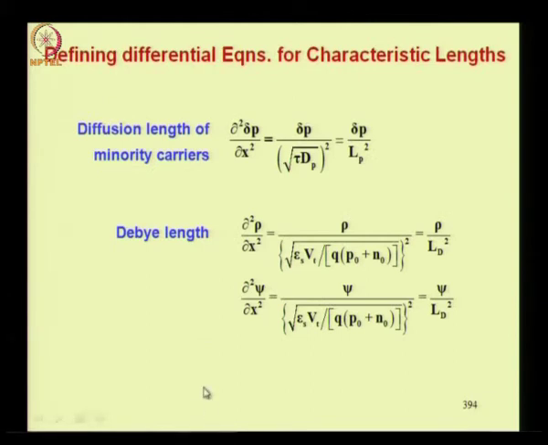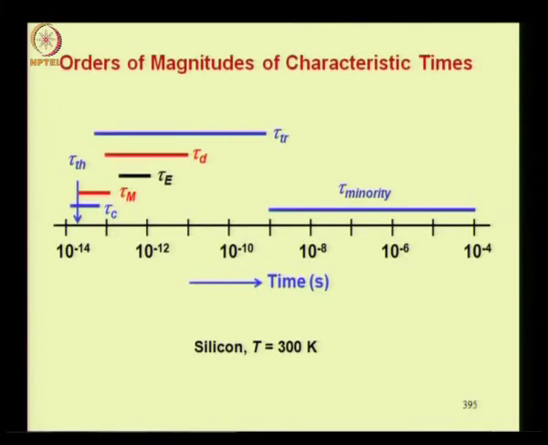In contrast, the defining differential equations for characteristic lengths are second order, as can be seen here. The orders of magnitude of various characteristic times and lengths: we calculated the maximum and minimum values of the characteristic times, and we plotted on a logarithmic scale because we found that they span a very wide range, several orders of magnitude.